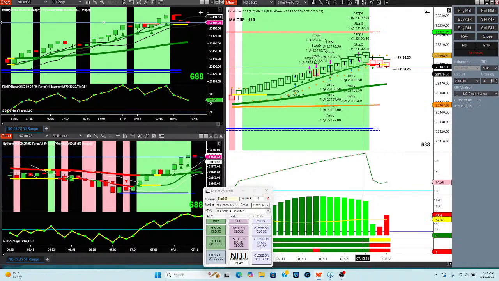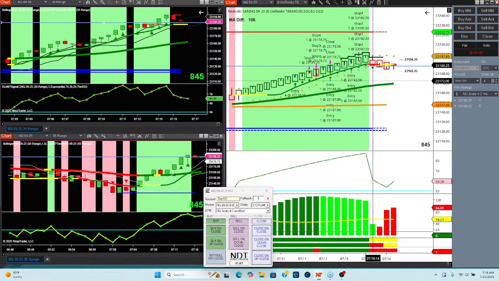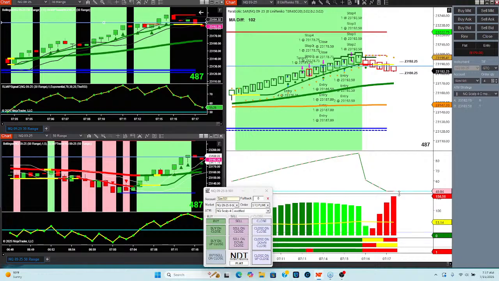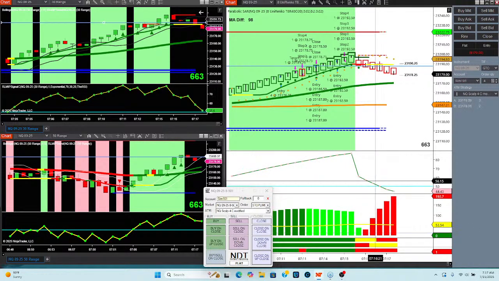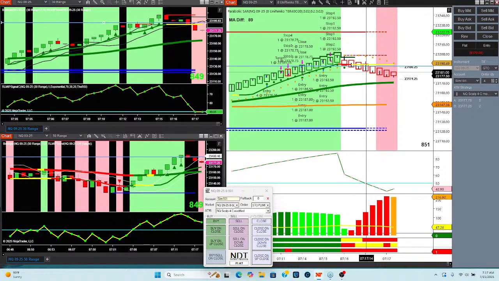Now it's pulling back. Okay, break. It's more of a pullback than anything else.